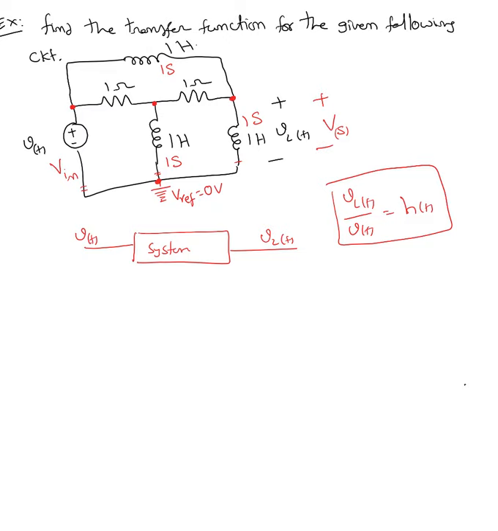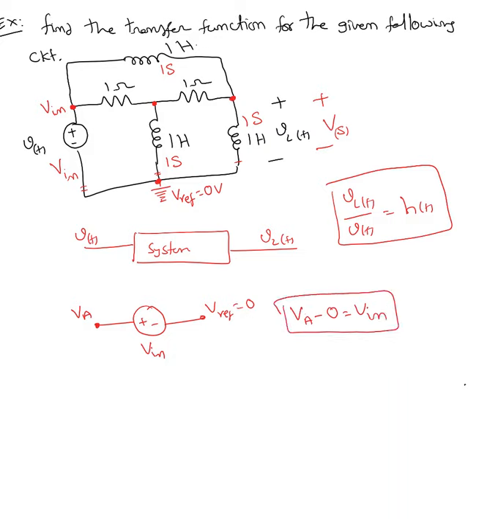Now at node 1, the voltage at that point must be Vn, because if you look at the source, this is the reference, and that value is 0. I'm going to take that as VA, and here is Vn. We know that VA minus 0 must be equal to Vn.